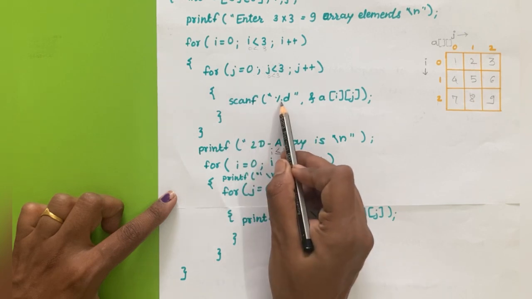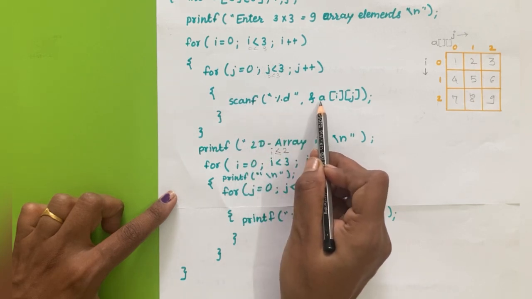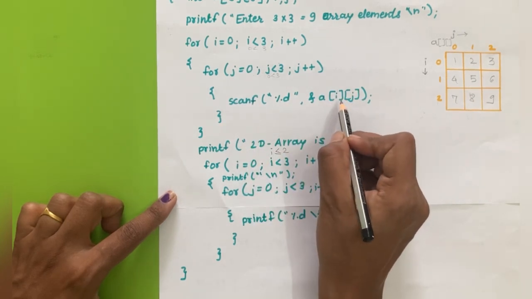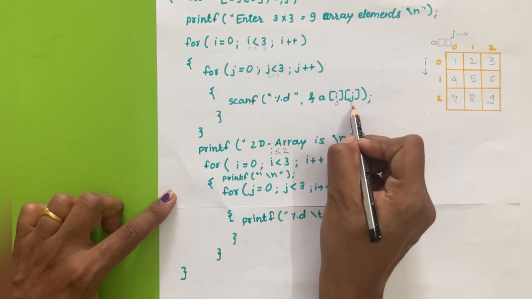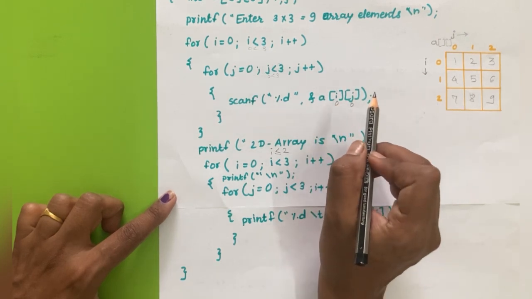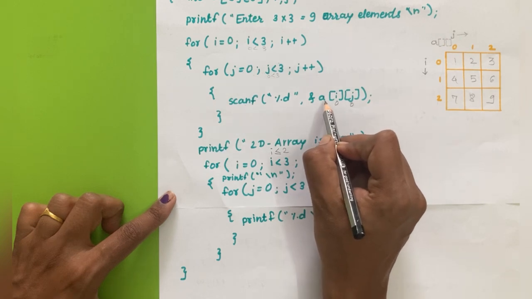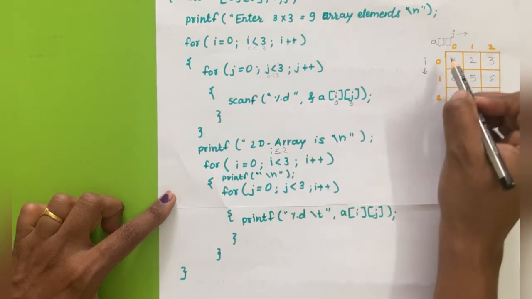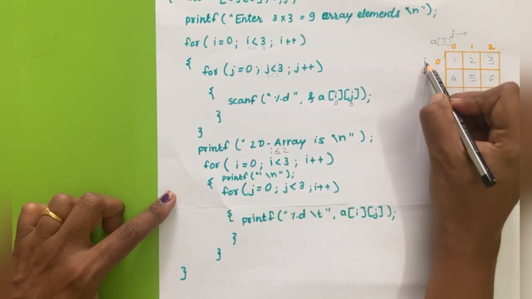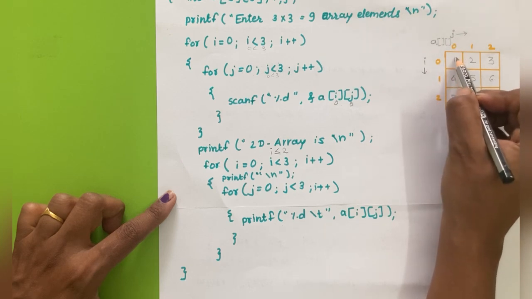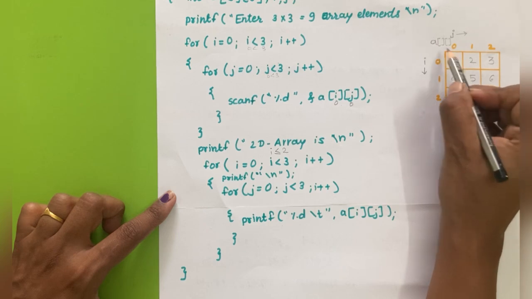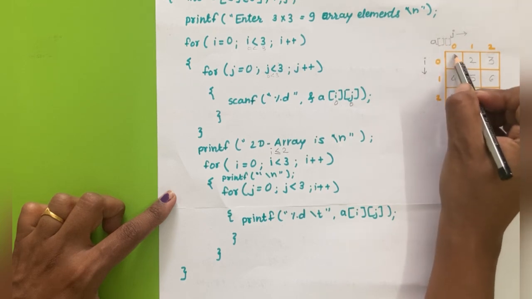So scanf %d &a[i][j], with i equal to 0 and j equal to 0. The first entered element will be put at the location a[0][0]. Here the first index is the row index and the second is the column index, so it will fill the first element at a[0][0].